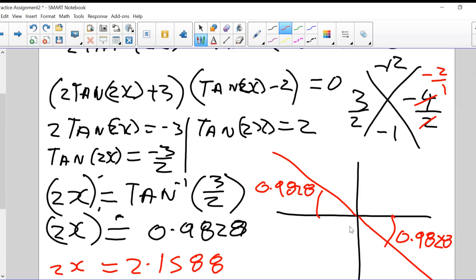So now what we need to do is figure out what those angles actually are, because the 0.9828 is just how far I am from the x-axis. That's all the 0.9828 is telling me, right? So he got one angle in the second quadrant, but he also said there's one in the fourth quadrant. So my question for you is, how do I get the fourth quadrant angle? That's the question I have for you. It's 0.9828 away from the x-axis in the fourth quadrant.